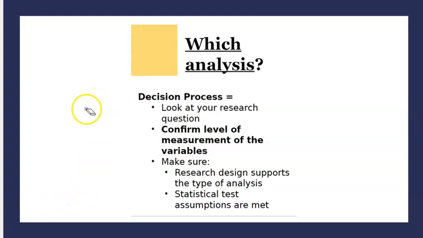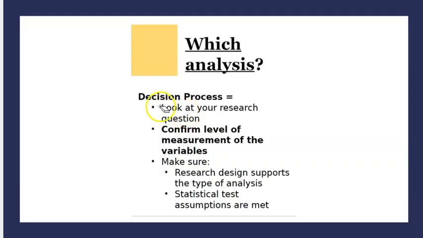So with all this information, now we should know which analysis we have to take. This decision process starts with your research question. Your research question is whether you want to know about the relationship, or about the influence and prediction.